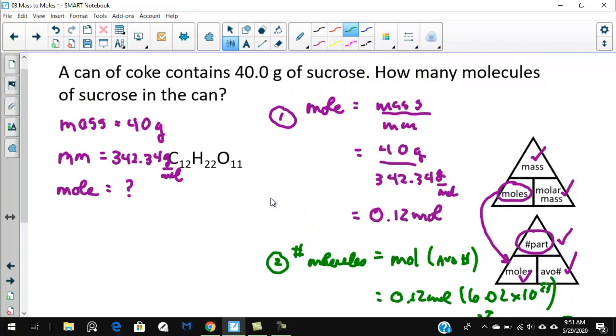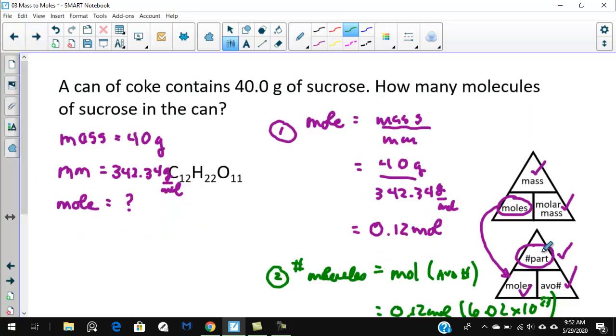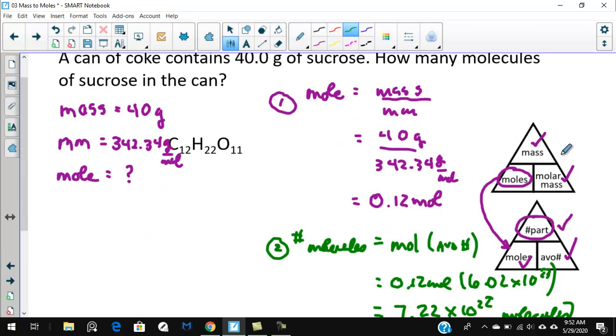Okay, so that's the kind of questions we're going to be working on. Some of them will manipulate these two triangles at the same time. Some of them will just be like this one where we're just using the single triangle. But you can use the formulas by having both triangles available, map out which things you have, and then just look for a pathway to get to the variable that you want to solve for.